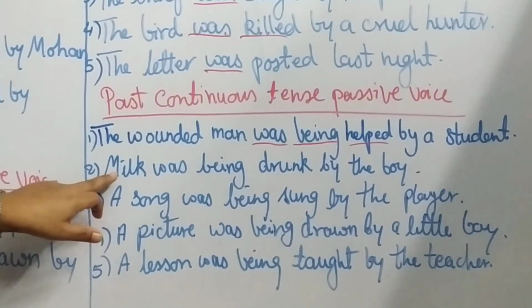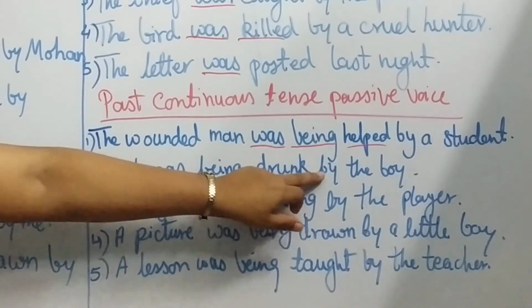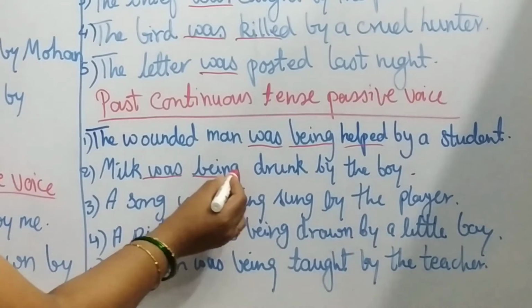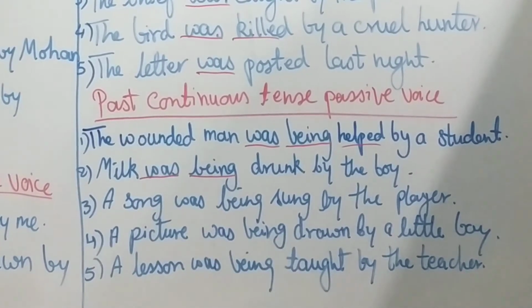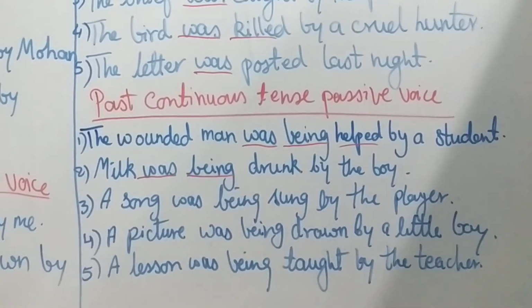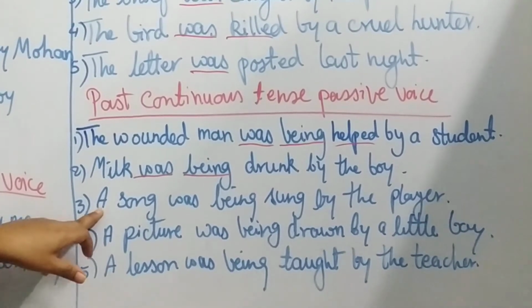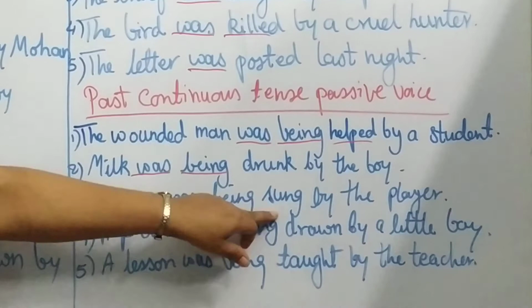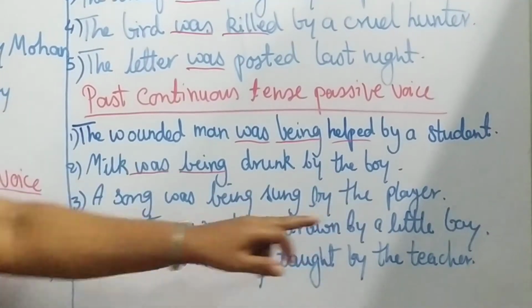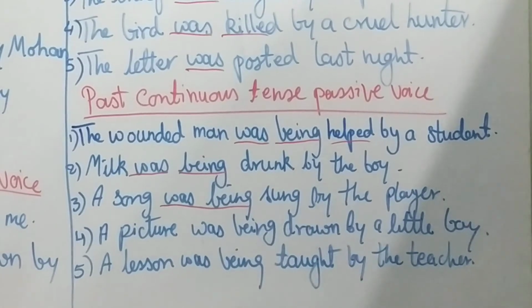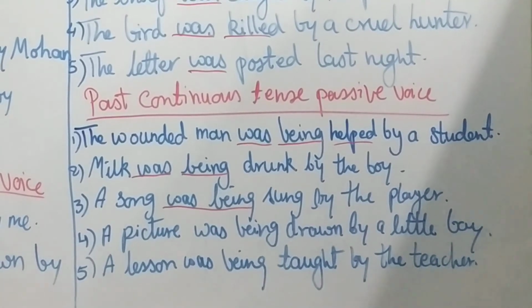Okay, then milk was being drunk by the boy. So was and being are your helping verbs and drunk is the past participle of to drink. Then third sentence, a song was being sung by the player. So was being helping verb and sung the past participle of the verb to sing.